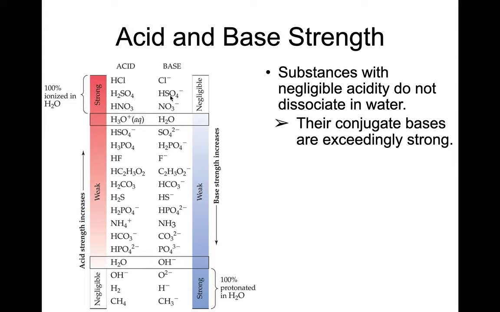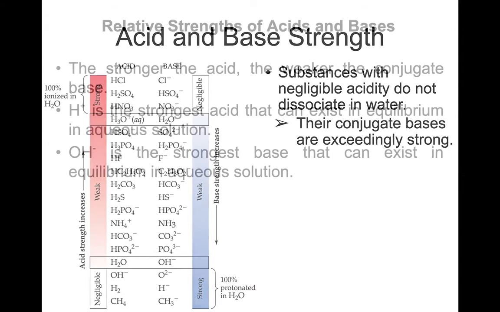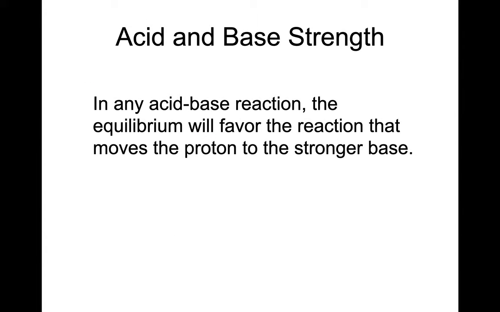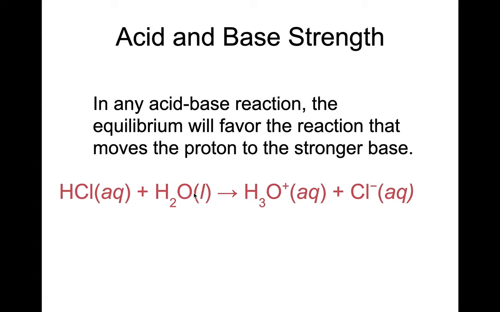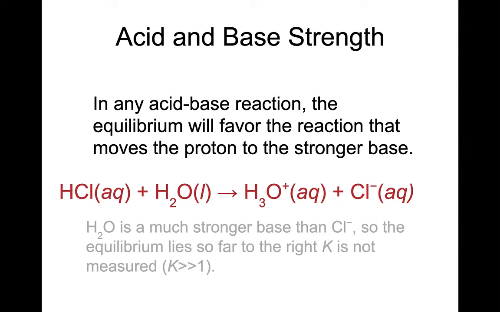Water is a stronger base than chlorine, and so this reaction that involves the two of them is going to favor the side that has the extra hydrogen ion on the water molecule. So this side is favored because this base was stronger. It got to accept the proton. That was much more favored than having the proton on the chlorine, which was a much weaker base.